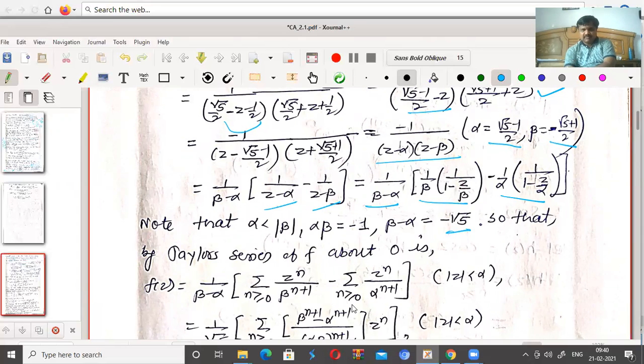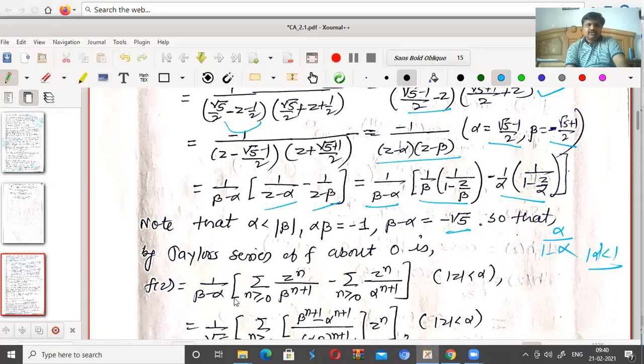Minus summation n greater than or equal to 0 z raised to n upon alpha raised to n plus 1, because it is of this form 1 by beta upon 1 minus z by beta, and this is 1 by alpha upon 1 minus z by alpha. So it is of this form, with the geometric series valid if mod alpha is less than 1, and its summation is z raised to n upon alpha raised to n plus 1, isn't it?